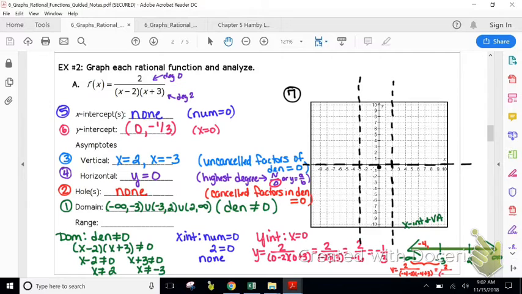So 2 over -6 times -1. So 2 over 6, which is 1/3. And so I'm going to plot that point. So (-4, 1/3) is right there.